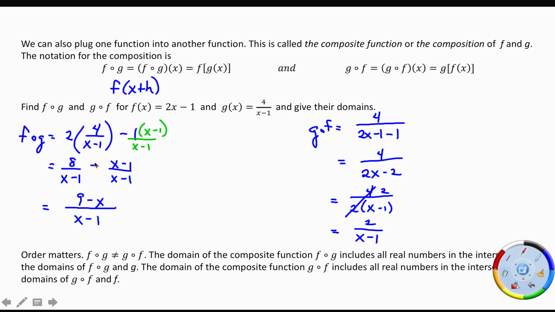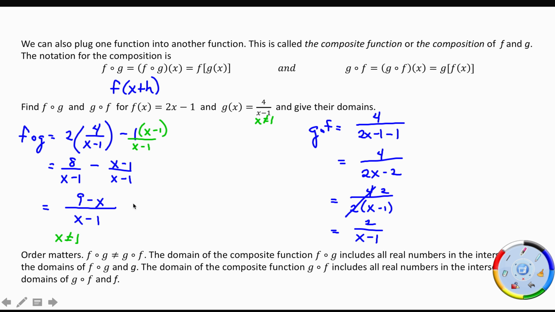So if I'm finding the domain for f of g, I'm going to find the domain for this function down here, which is, let me go back and do it in green. Okay, so the domain for this function is, again, we have a denominator, so that can't be 0. So x cannot equal 1. And the domain for g in this case happens to be the same thing. x cannot equal 1.